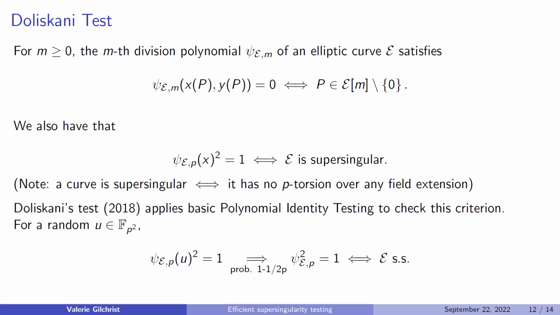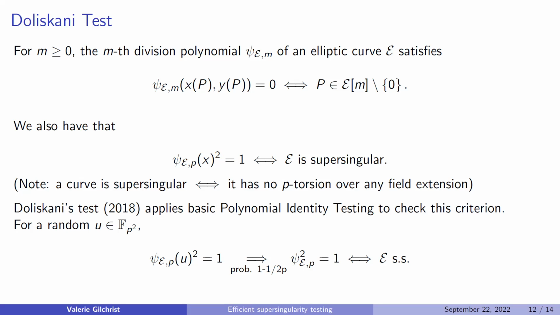He's going to take a random value and evaluate the polynomial at this value. We're not computing the entire polynomial because that would be very difficult. We're just evaluating it at this point. If we get back a constant, it's either going to be 1 or -1, and you can check what that should be. Because we're squared, it'll be 1. So if we get back a constant, we're in one of two cases.